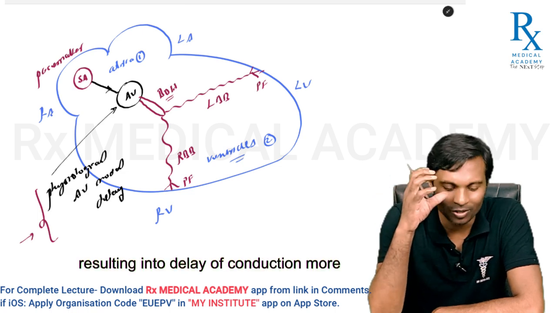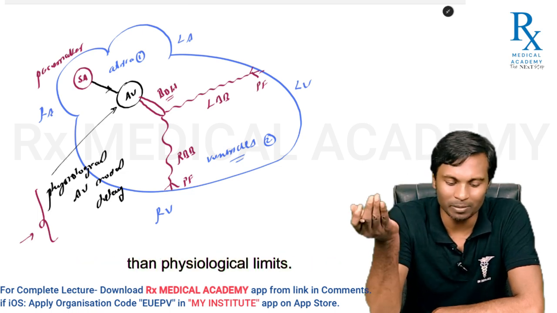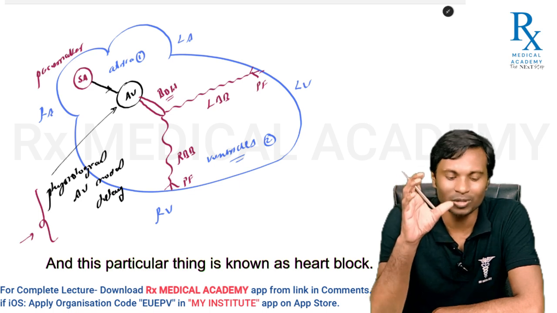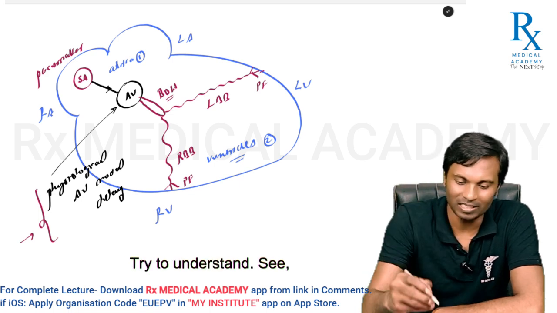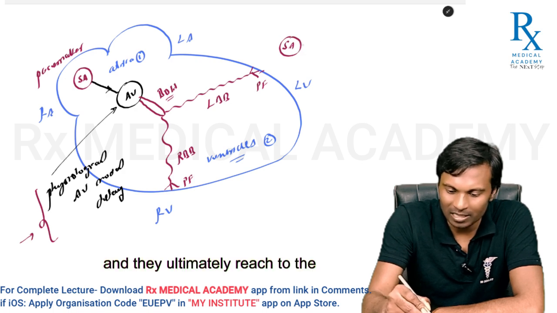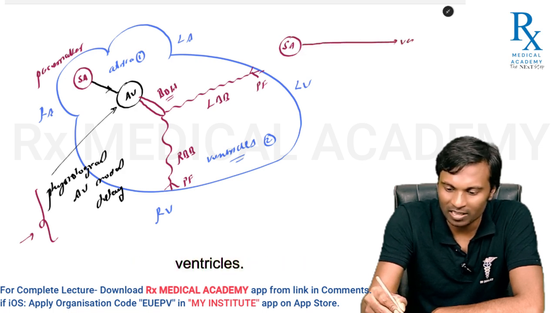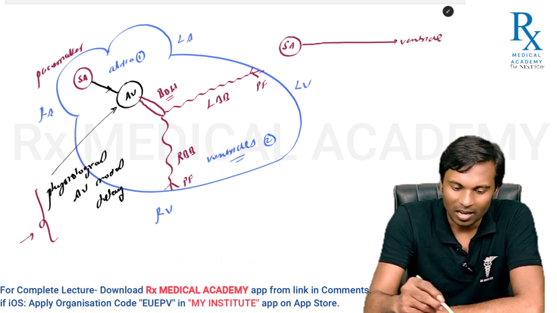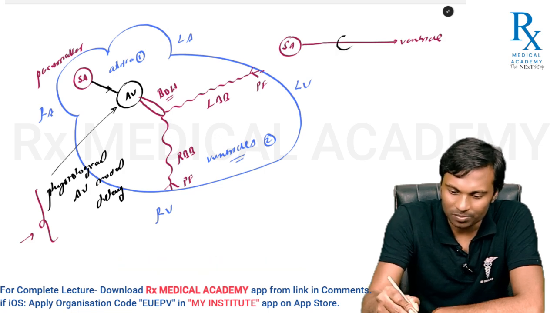Resulting in delay of conduction more than physiological limits. And this particular thing is known as heart block. Try to understand. Impulses arise from the SA node and ultimately reach the ventricles, after passing the AV node.